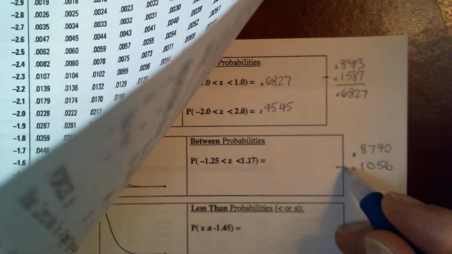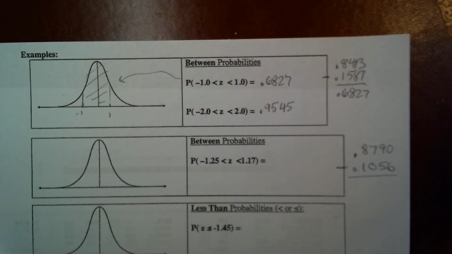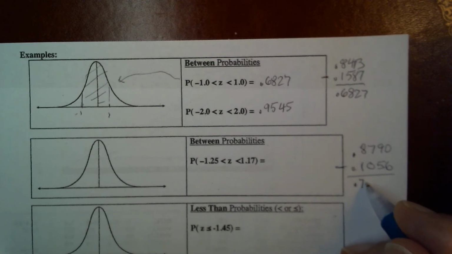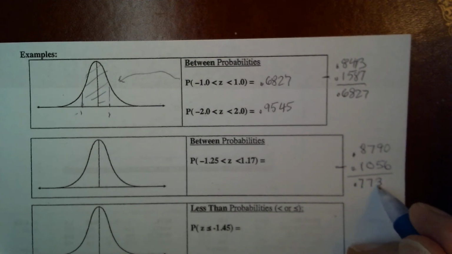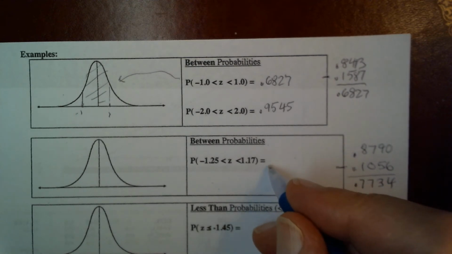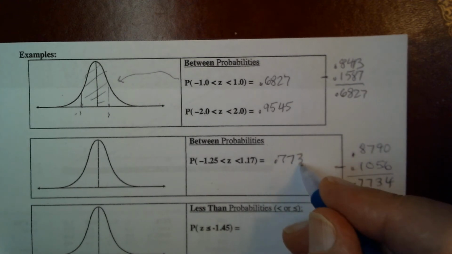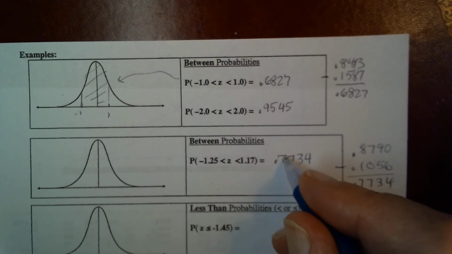So now we subtract the smaller value from the larger value, and then the answer is 0.7734. So that is the probability, 0.7734. And again, if you use technology, you don't need the tables.